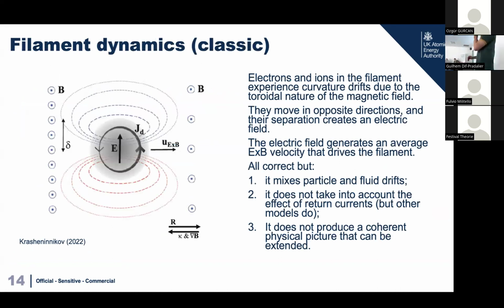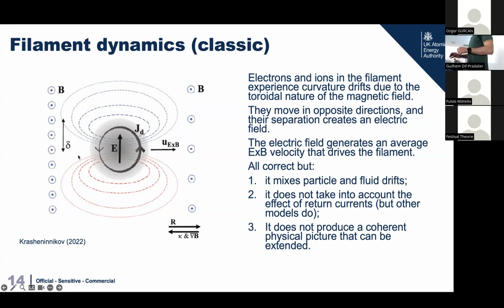Okay, so filament dynamics has been studied for many years. There is a classic paper in 2001 by Sergei Krasheninnikov that described how filaments are moving. The idea is that you have a filament of plasma. Fundamentally, it's a pressure perturbation in an environment in which there is very little pressure.